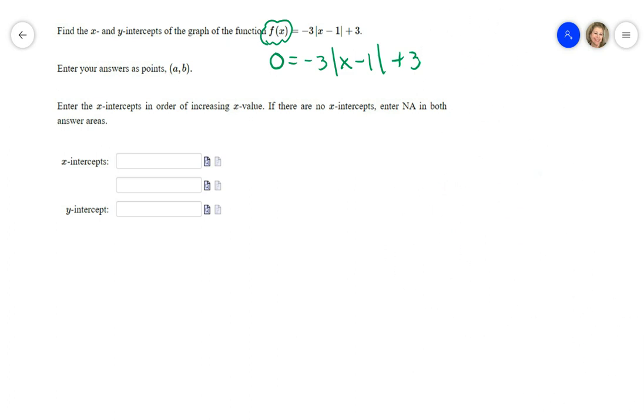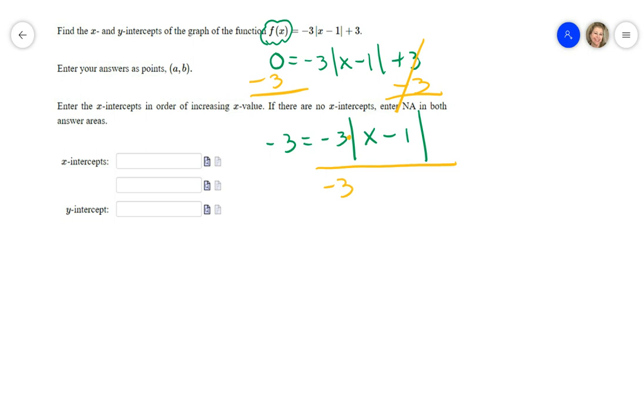The first thing I'm going to do is subtract the 3 so that cancels. 0 minus 3 is a -3. And then, since you have a -3 next to the absolute value, I am going to divide it off, because -3 next to that does mean to multiply.